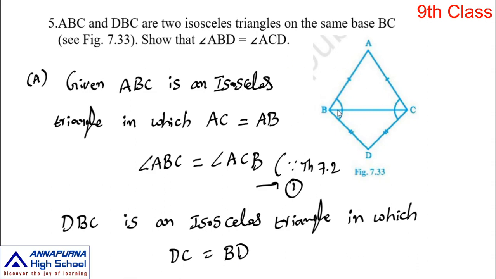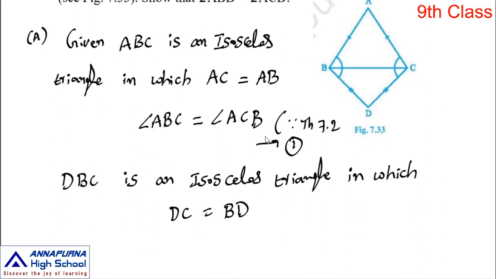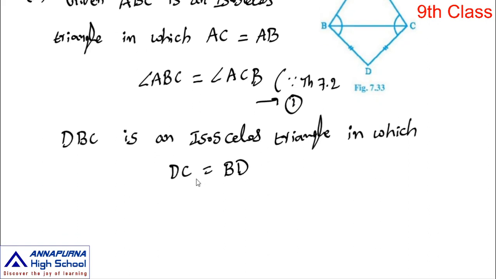This is the given condition. Observe the figure. BDC is an isosceles triangle. BD is equal to DC, so DC is equal to BD. Again by using theorem 7.2, angles opposite to equal sides of an isosceles triangle are equal. These two sides are equal, so these two angles are equal.